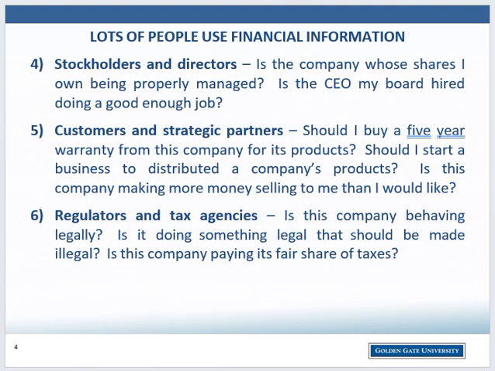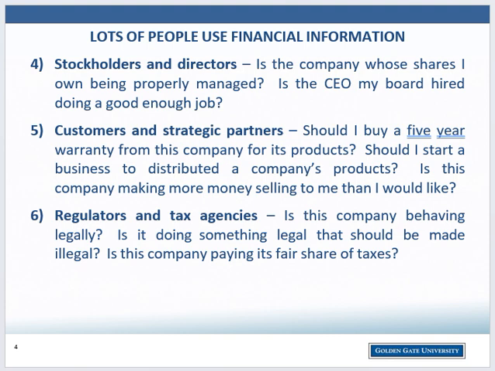The fourth one is the stockholders and the directors. Stockholders specifically are looking to see if the company is run well. Needless to say, if the company is run well, the stock price is going to increase. That's in the interest of the stockholders. Not only that, but the net income is going to increase.